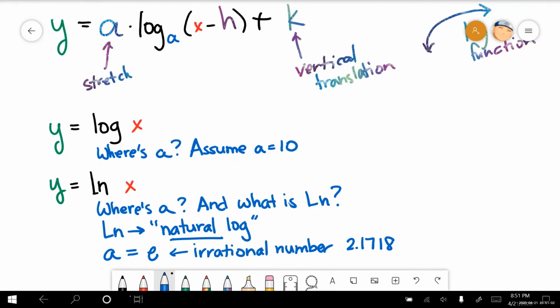And A, we can assume this time, since it's natural, we're going to assume the base is that natural irrational number e. So to rewrite these so we don't forget, this time the base is 10. And over here, natural log is really log base e, which is not a variable. It's not a variable, it is an irrational number. And then of x.